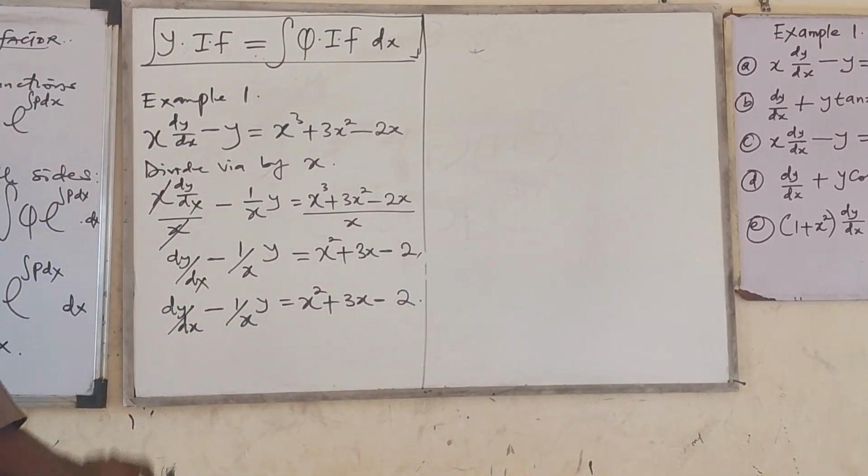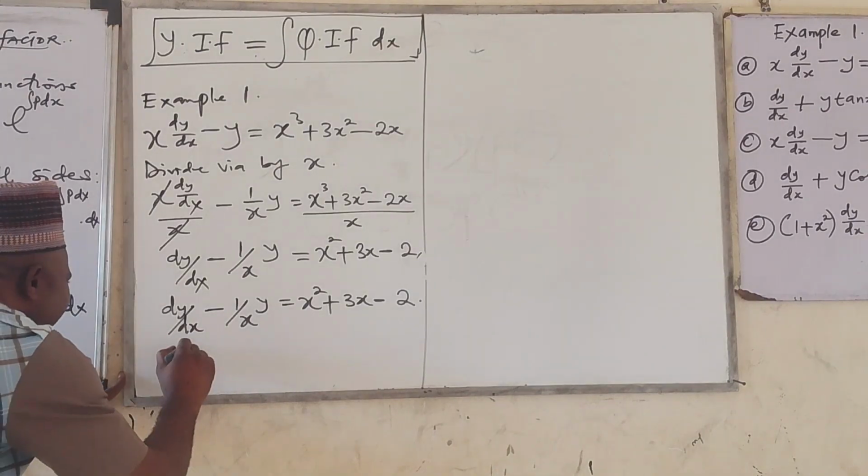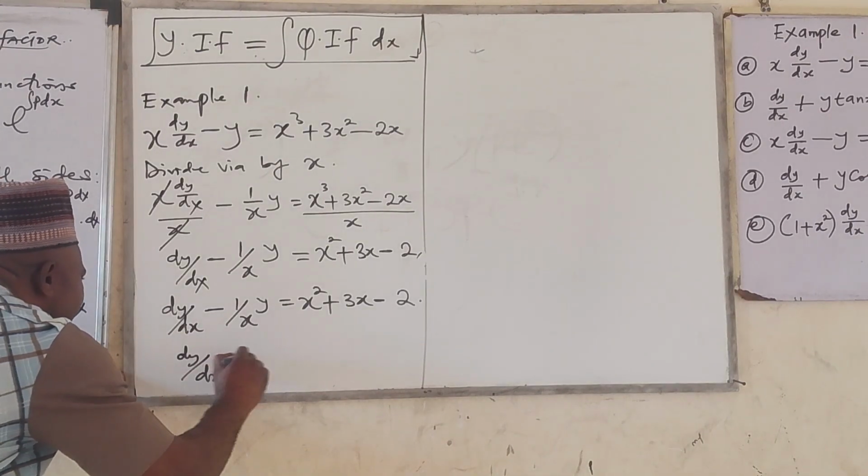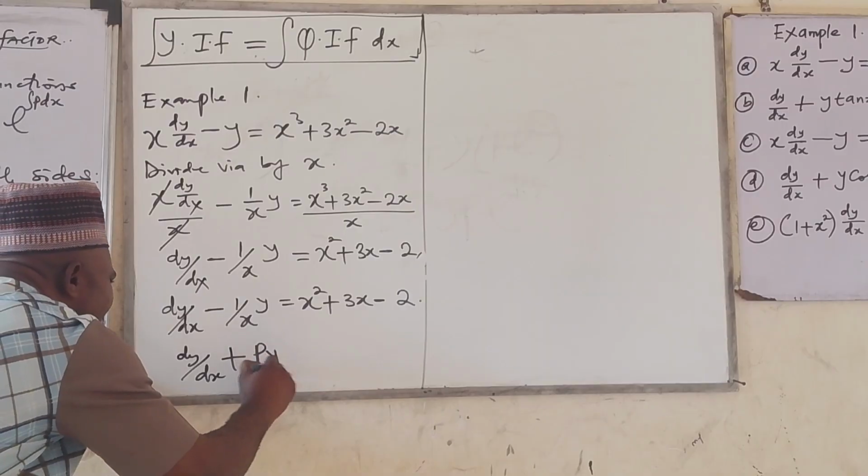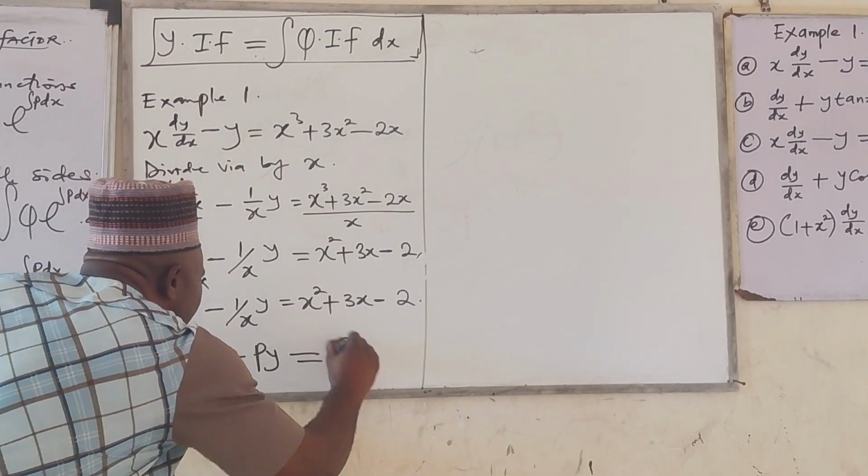Now you can also see that this equation is of the form dy/dx plus py is equal to q.